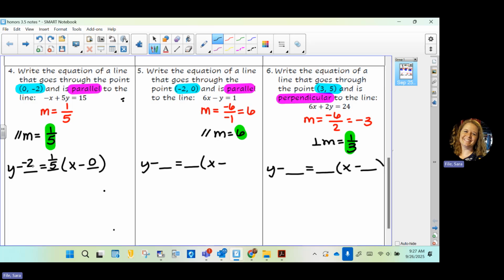And actually, what kind of point is that? Yeah, if x is 0, that's a special point. Somebody said it. Y-intercept. Okay, so couldn't I jump straight to slope-intercept form?